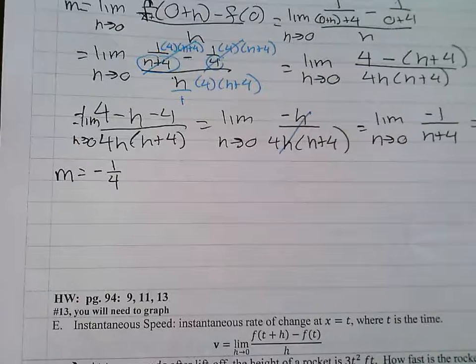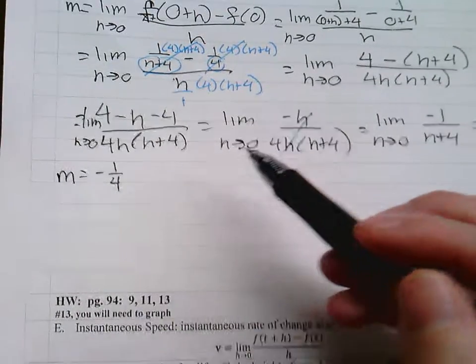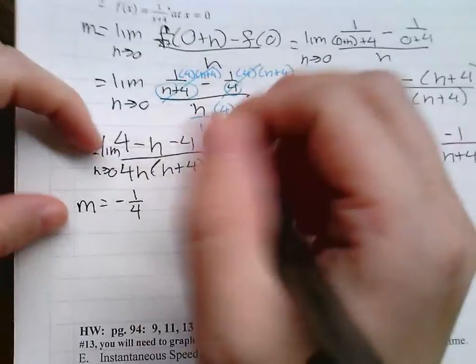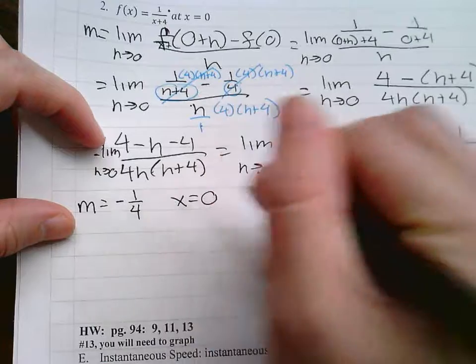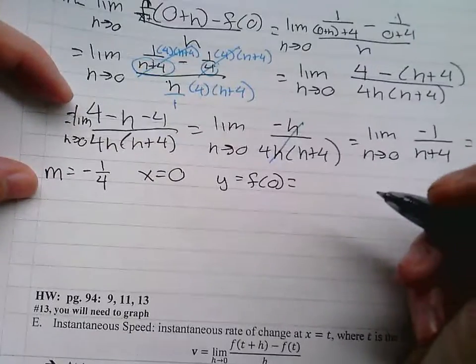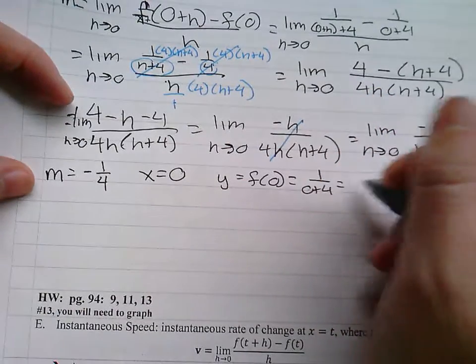So now you have to find the tangent line. To find the tangent line, you need a slope and a point. So back here at x equals 0, our y is going to equal f of 0. So that's going to be 1 over 0 plus 4, which is 1/4.